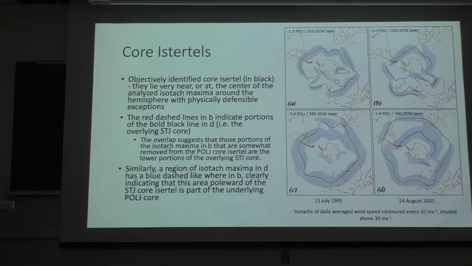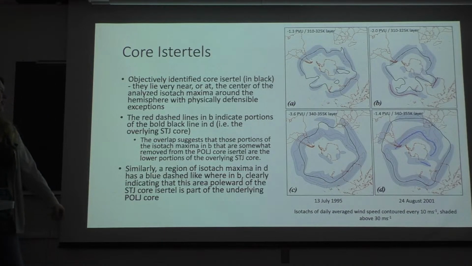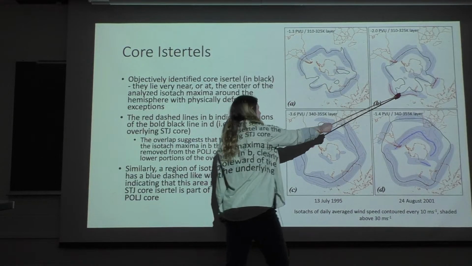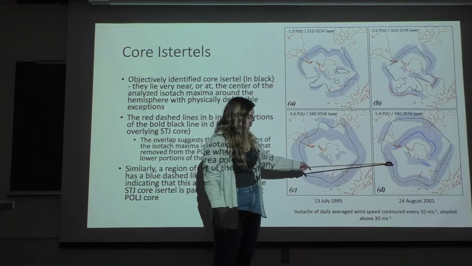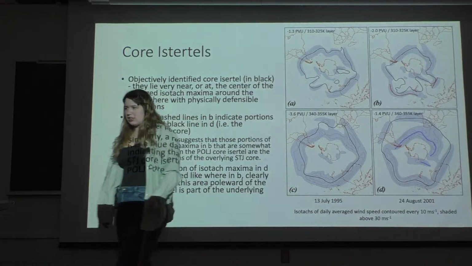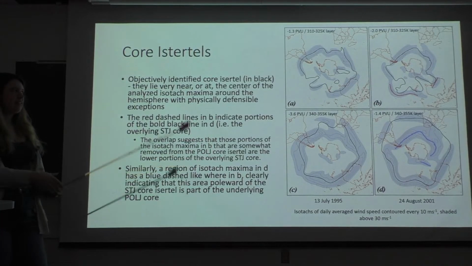Core isotels: this figure shows the objectively identified core isotels in black, and they lie very near or at the center of the analyzed isotach maxima around the hemisphere, with physically defensible exceptions. In figure B here, this red dashed line shows this part of the jet core, where this shows the polar jet and D shows the subtropical jet for the black outlines.